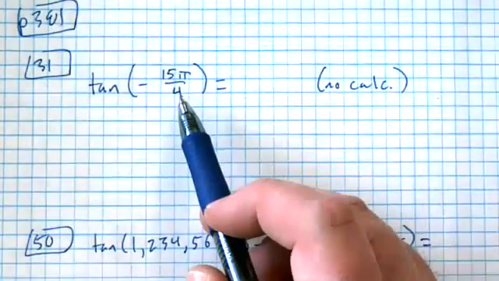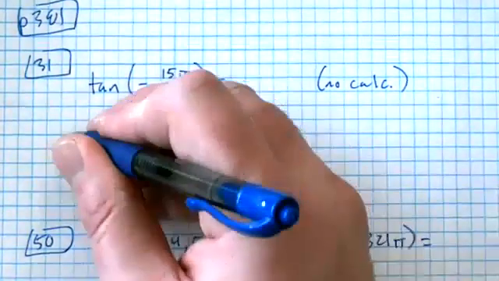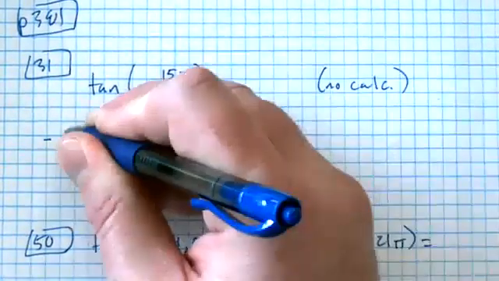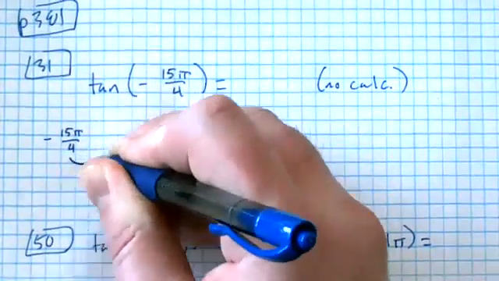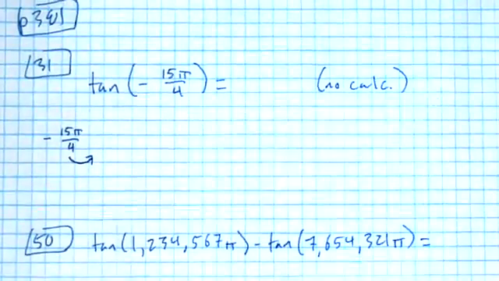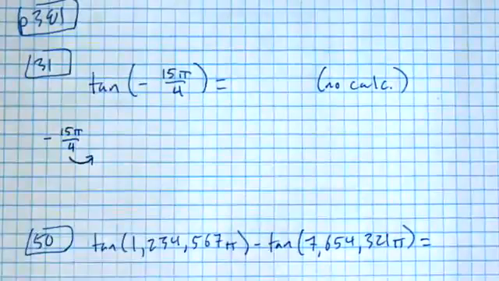So when I start, I'm going to start by taking negative 15 pi over 4, and I'm going to start adding some stuff to it. Since this is in radians, I want to add a full revolution. How many radians is a full revolution? 2 pi.